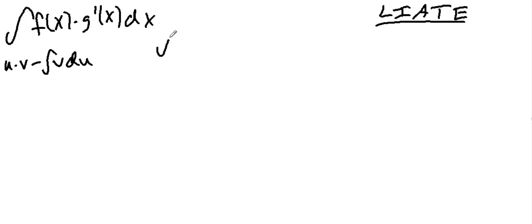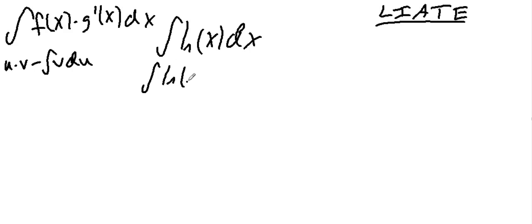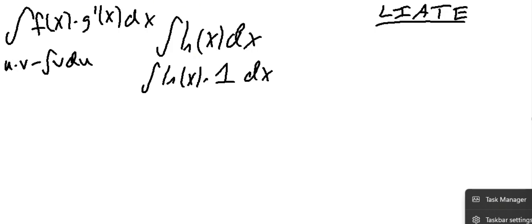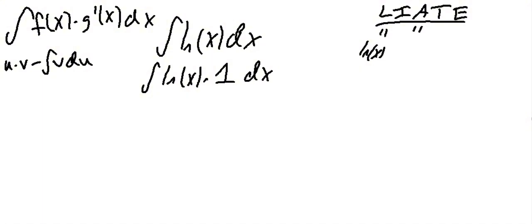Now for our next problem, we're going to integrate ln of x dx. For this integral, we can actually rewrite it as ln of x times 1 dx, and this means we can use by parts. So if we were to use our LIATE acronym, ln is going to be the L, logarithmic, and 1 is going to be this algebraic.